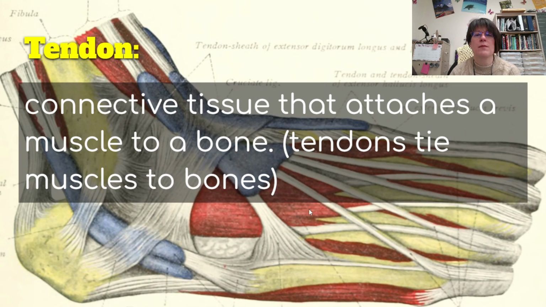They're attached to the red muscles. You can see that here, and they are attaching to the bone. An interesting thing here is you can see not much muscle here. There's no muscle in the toes. The muscles are back here and they're attached to the toes with tendons that actually move the toes.